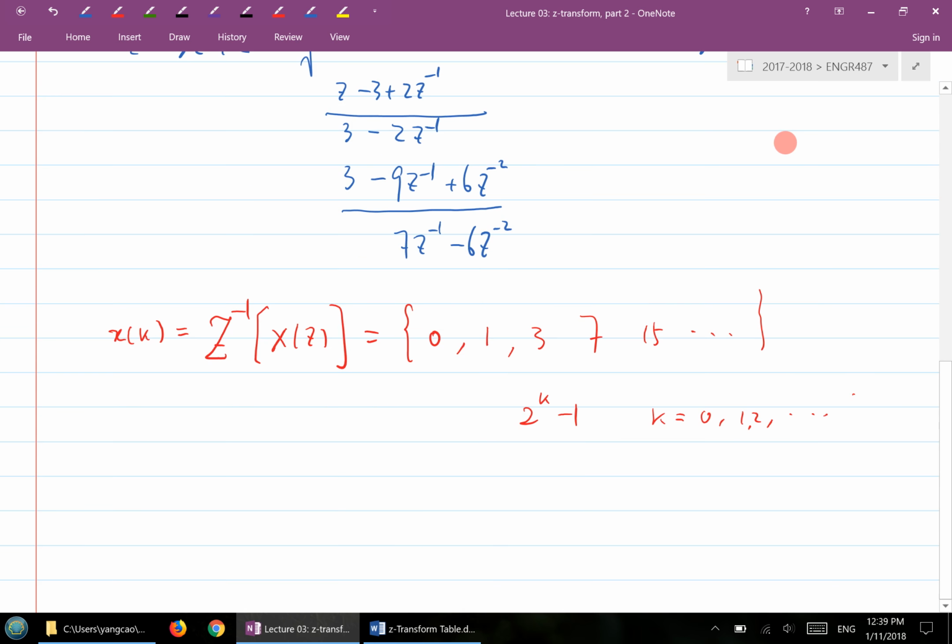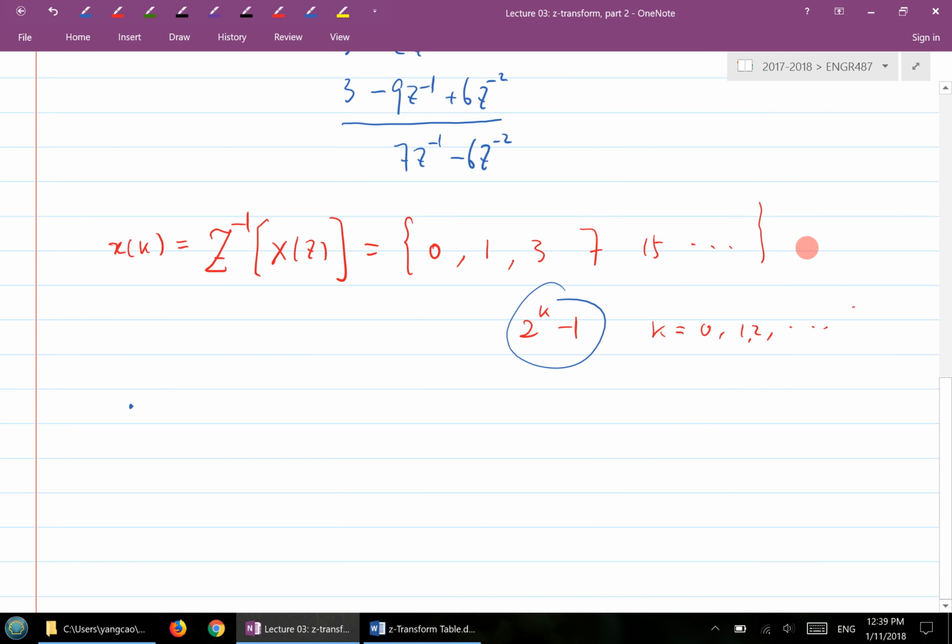But apparently this is a fairly manual and cumbersome process to give you results for x of k. What we want is something like this in one shot, somehow getting a result for x of k that ends up with this kind of expression.